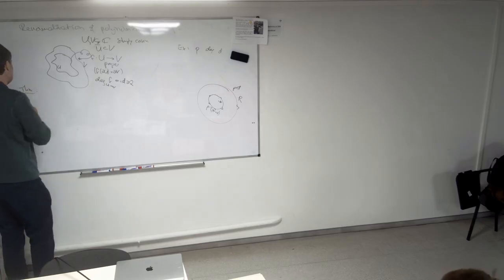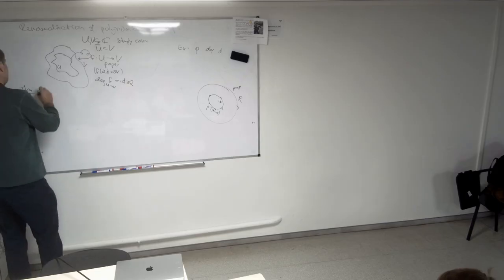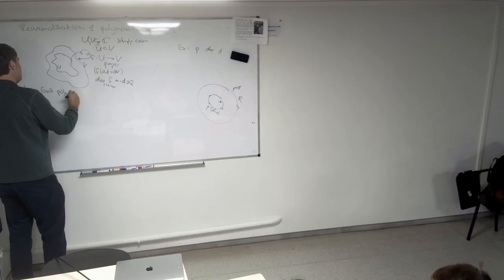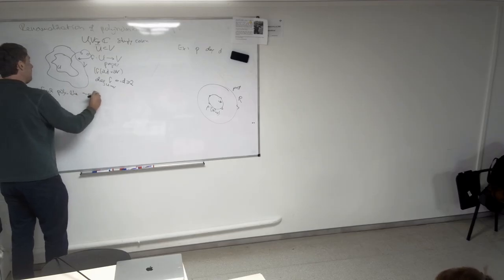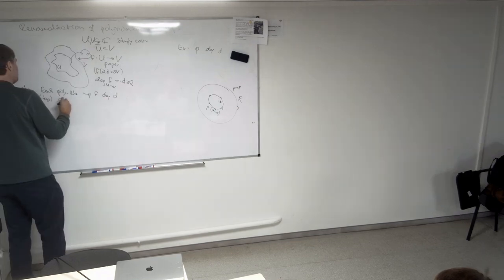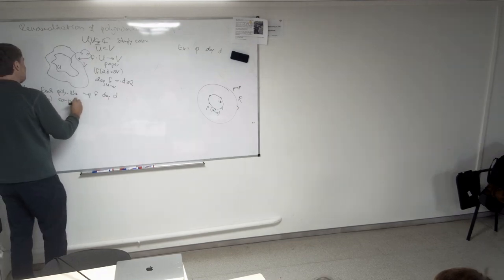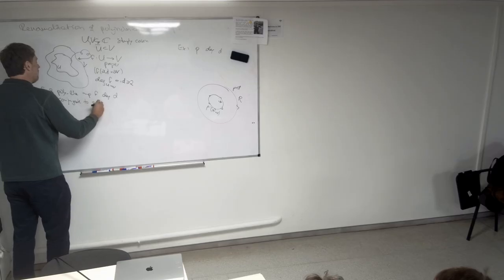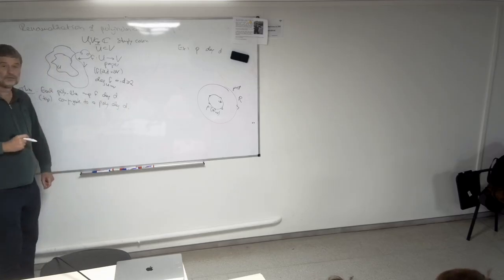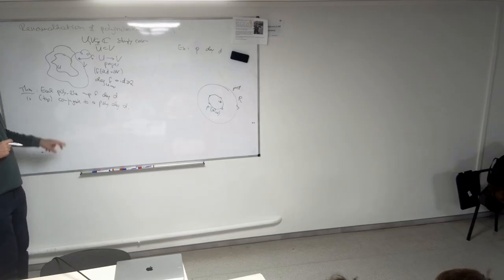And the fundamental theorem, due to Douady and Hubbard, is that each polynomial-like map f of degree d is, say, topologically conjugate to a polynomial of degree d.